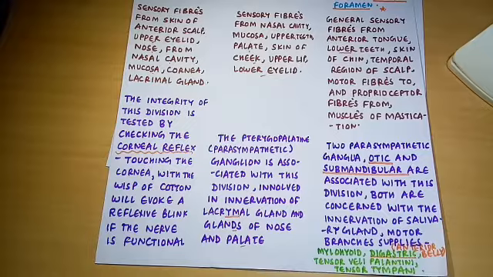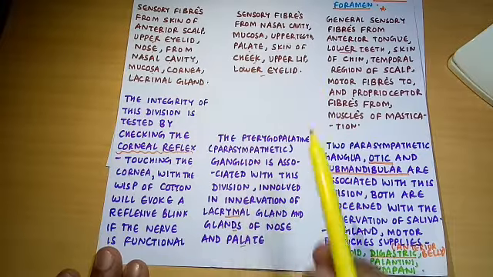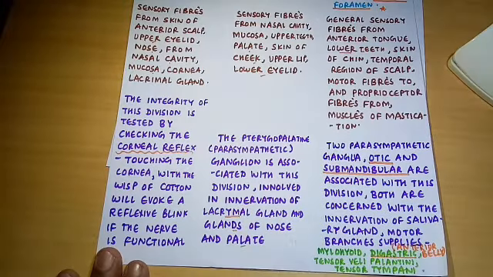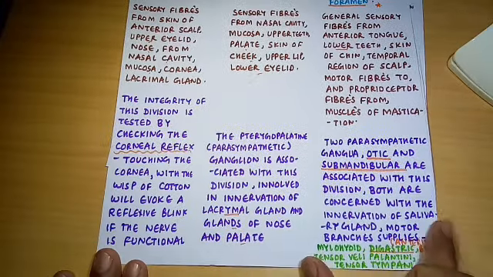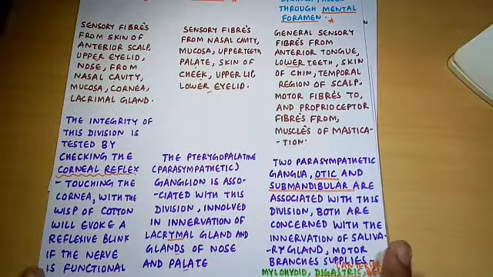So this is the corneal reflex, whereas the pterygopalatine ganglion, the parasympathetic ganglion associated with the maxillary division of the trigeminal nerve, is involved in innervation of the lacrimal gland and the glands of the nose and the palate. There are two parasympathetic ganglia associated with the mandibular division of the trigeminal nerve.